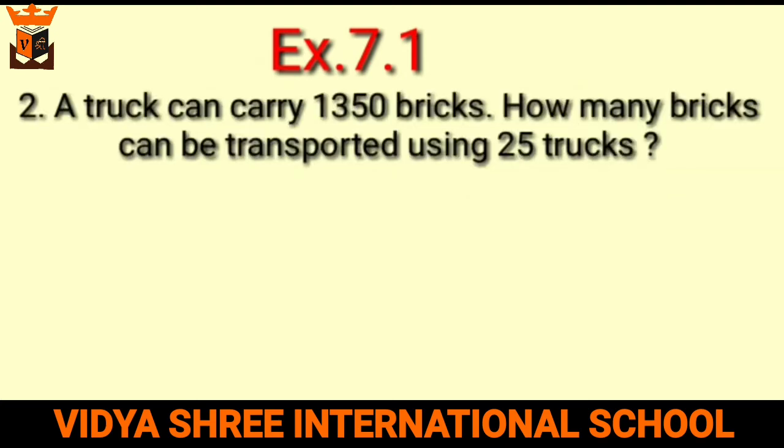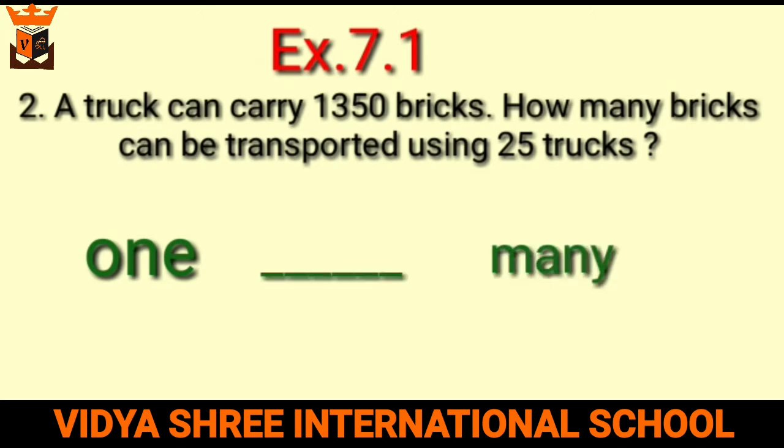Second question is, a truck can carry 1350 bricks. How many bricks can be transported using 25 trucks? So in this question, it is given the number of bricks transported by a truck. So it means it is given for one and you have to find for many. So whenever you have to find for many, you have to multiply. So frame the statement like this.